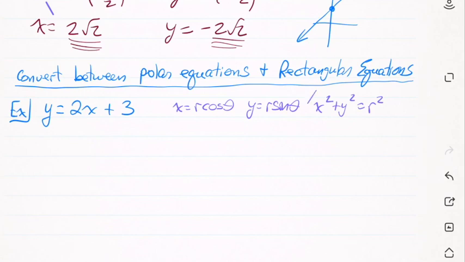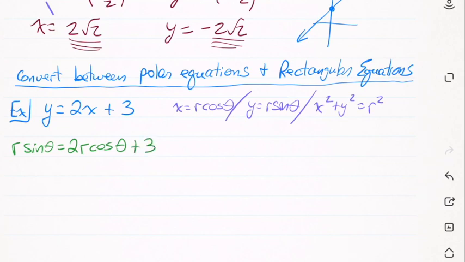Those are the most common ones to convert back and forth. Since I want to create r's and thetas out of this x and y equation, I'm definitely going to use the first two. So y is going to get replaced with r sine theta, x is going to get replaced with r cosine theta, and then we have that plus 3 just tagging along.